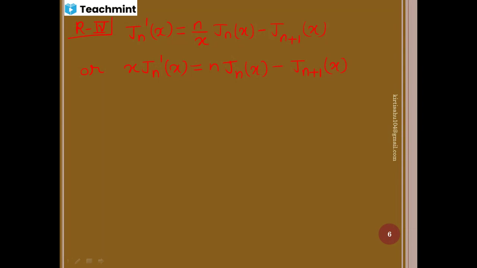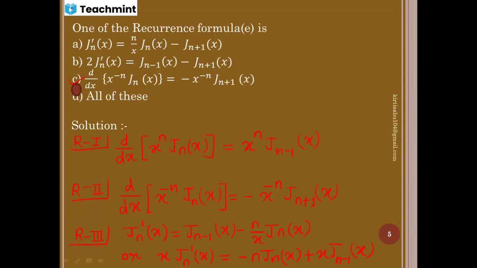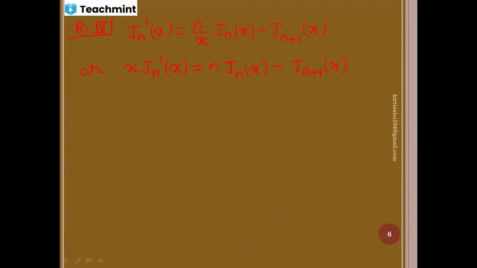So this is our fourth recurrence relation, and it is there in the options. You can see here Jn dash of x, n by x Jn of x minus Jn plus 1, which I have written in the earlier expression, matches with the first option.